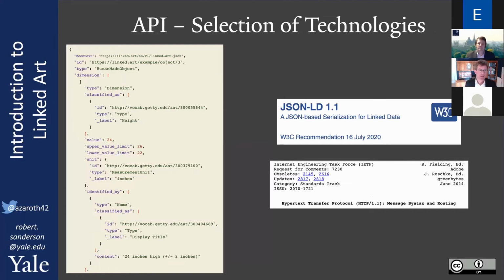So on the left, you see an example of how dimensions are maximally described. Not all of those features are necessary, but I think without too much difficulty, you can see it's about an object which has a dimension, which is classified as height. It's got a value, but it could be between 22 and 26. It's in inches. It's got a name which is used for display, and that name is 24 inches high, plus or minus 2 inches.